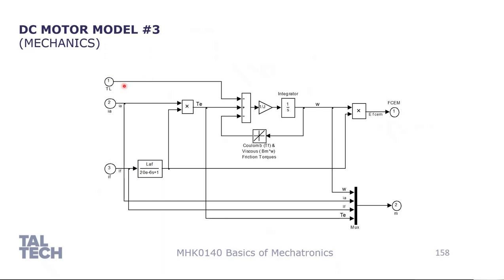And based on this, we need to have the idea of what is the loading torque, because they need to be balanced. And then the inertia comes through, and then the integration, etc.